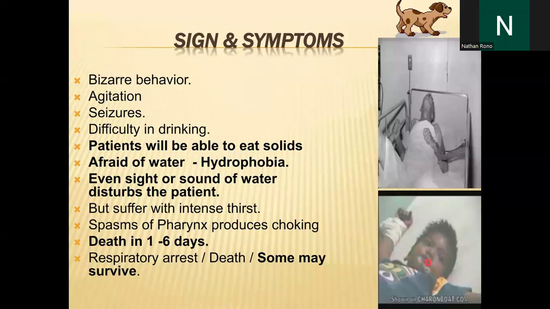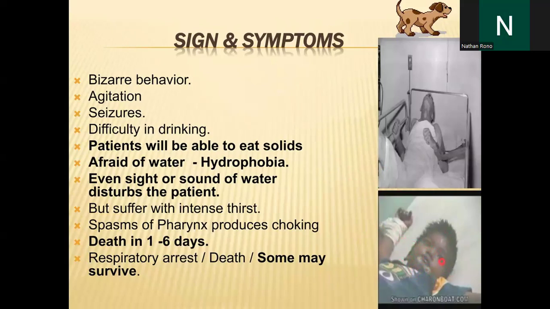So this is the foam they usually get. This is caused by spasm of the muscles. They have laryngeal spasms, and then they also have diaphragmatic spasm, okay? That's why they release this foam. This is basically saliva, okay?